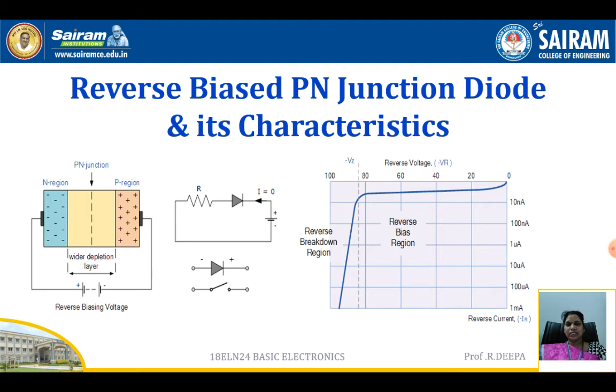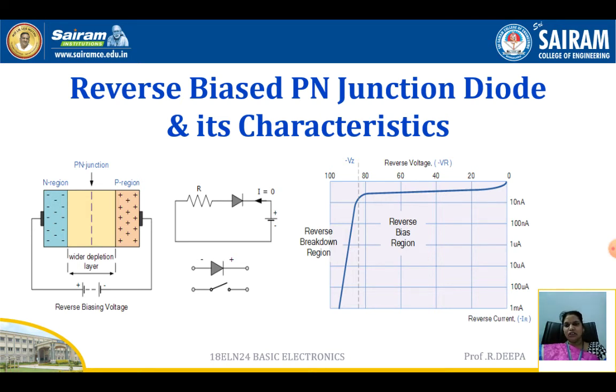As soon as this reverse bias is given for the PN junction, the majority charge carriers, electrons from the N region, will be pulled towards the positive of the battery. Thereby, the depletion region becomes wider near the PN junction. And similarly, the positive charge carriers, holes from the P region, will be attracted towards the negative of the battery.